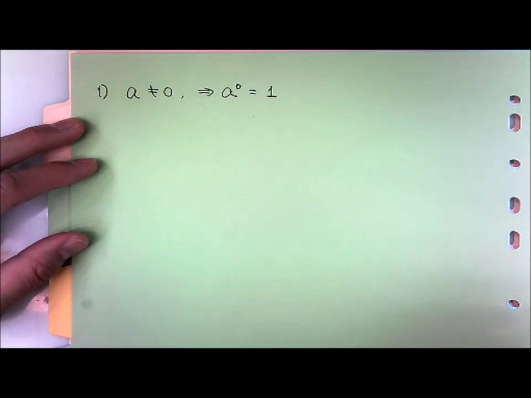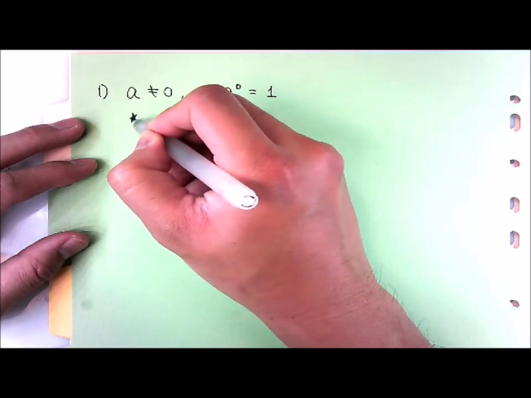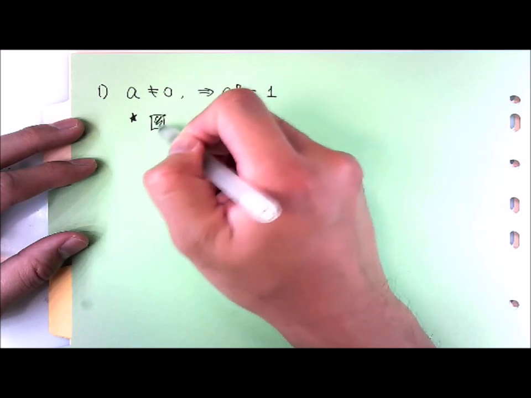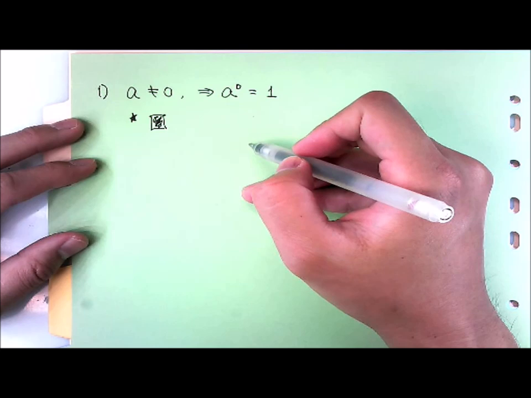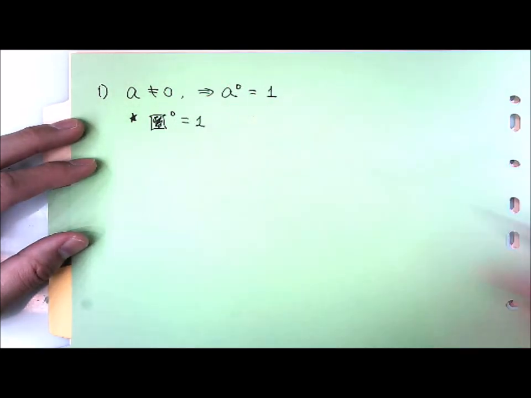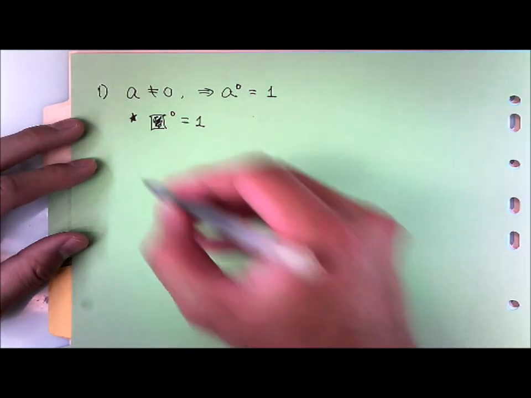This is not enough. We use a star to represent a very large block. If this block is not equal to 0, then its 0 power must be equal to 1. The result, understand? Still not enough.